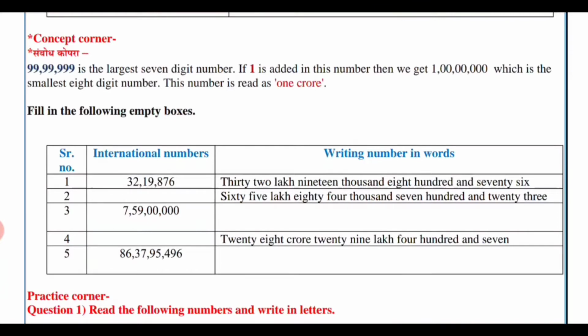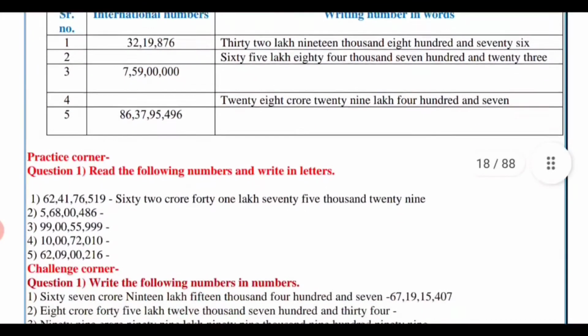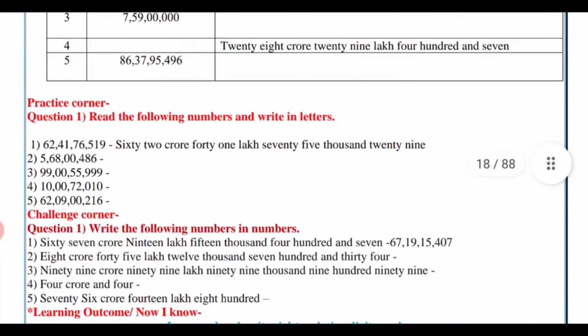Now next in concept corner we have given one table. In this table, the first example is solved. We have to solve the remaining examples. So this table we will be solving in our notebook. Then in practice corner also we have given one question: read the following numbers and write in letters.